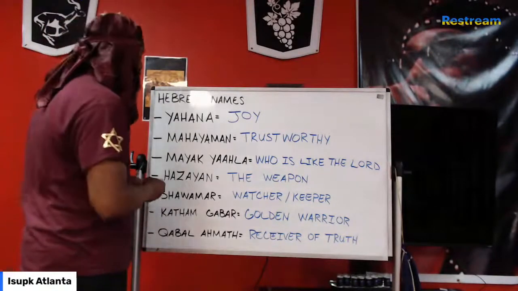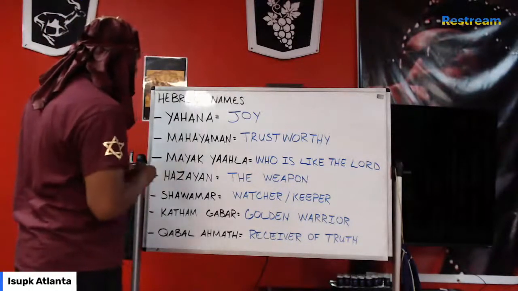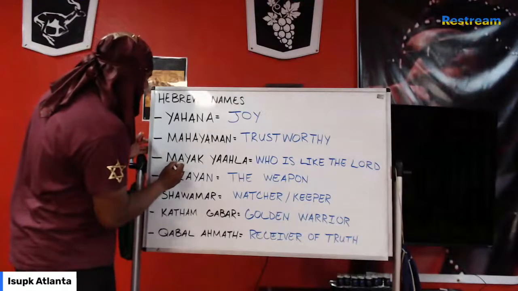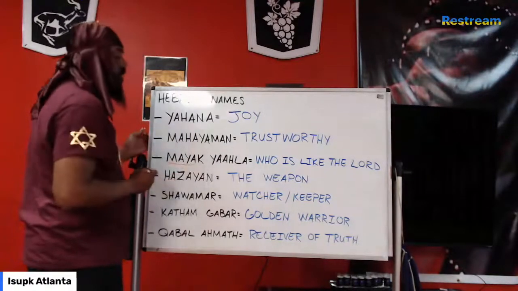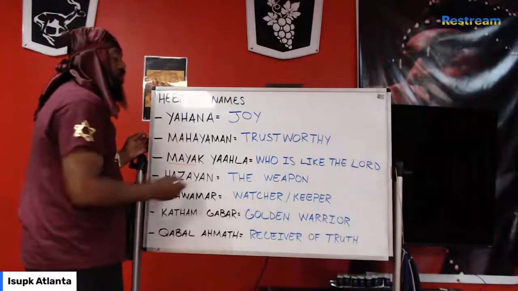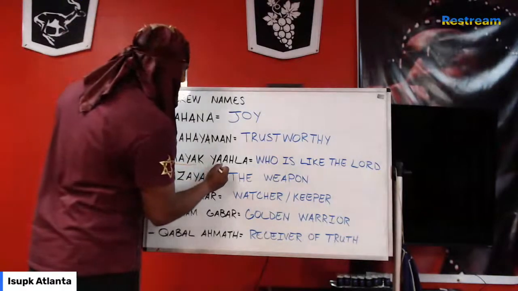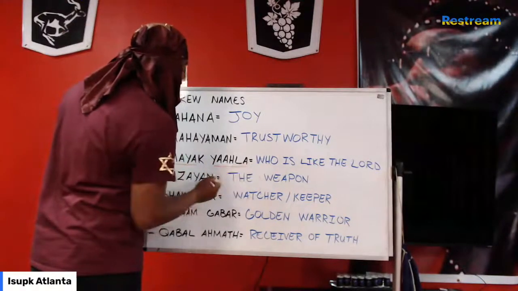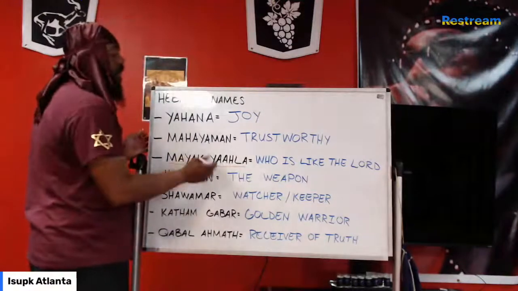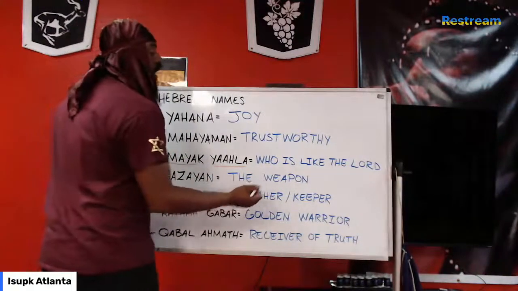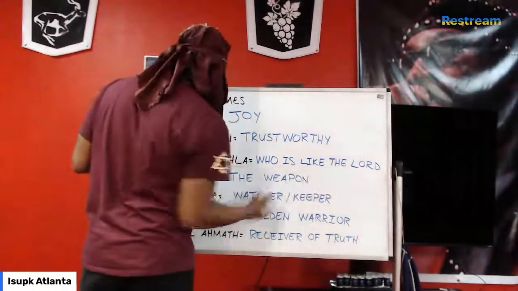And here you have Maya, which means who. Then you have Ya'ala, the root word. We're going to root words as well. You have Ya'ala, which means like the Lord. You understand?